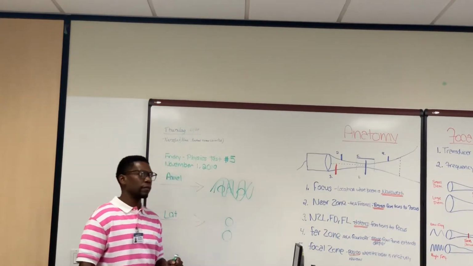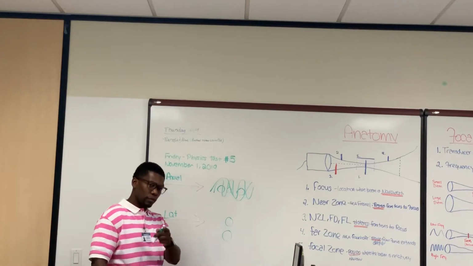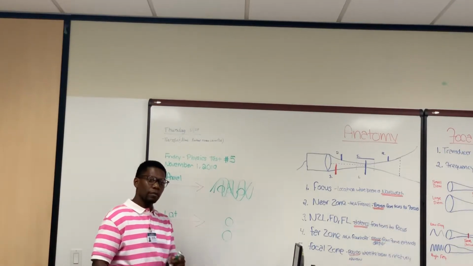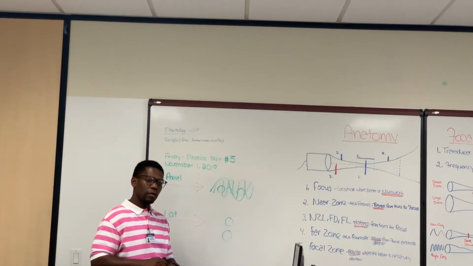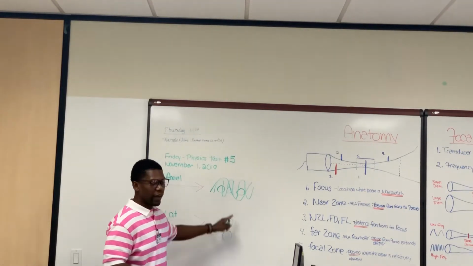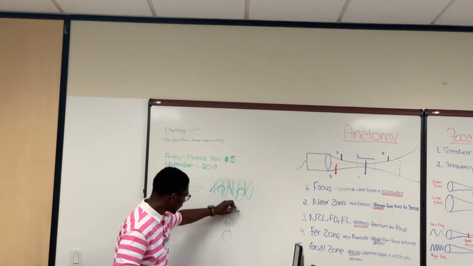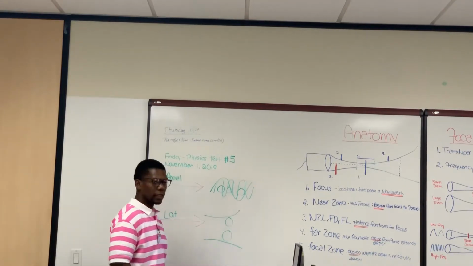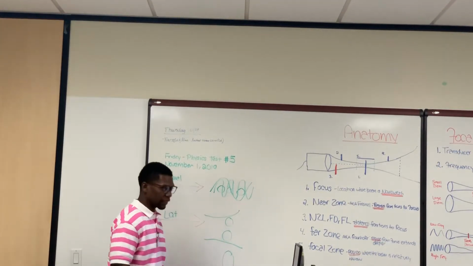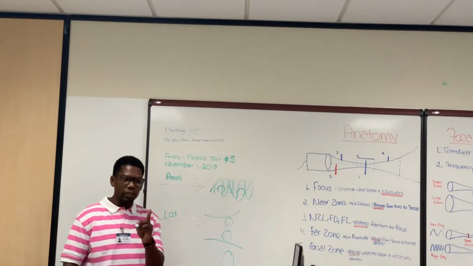So what's the consequence of this situation? Being able to identify structures separately. If our beam is too wide, then these two structures are going to look like one structure.